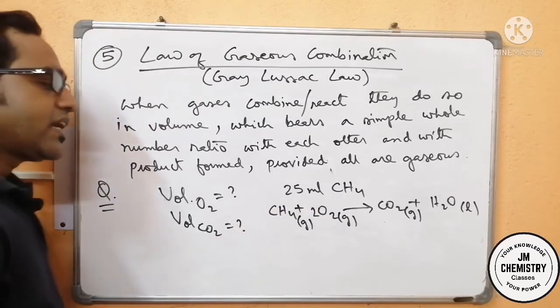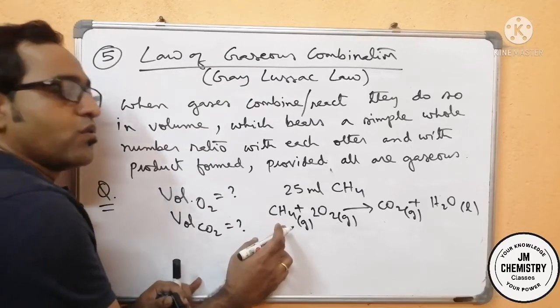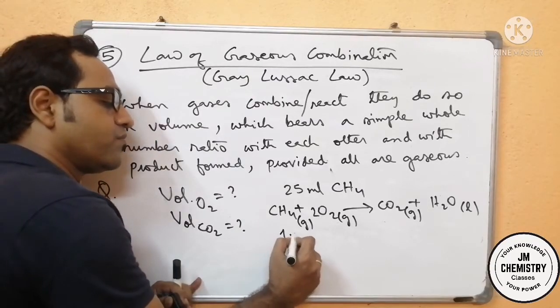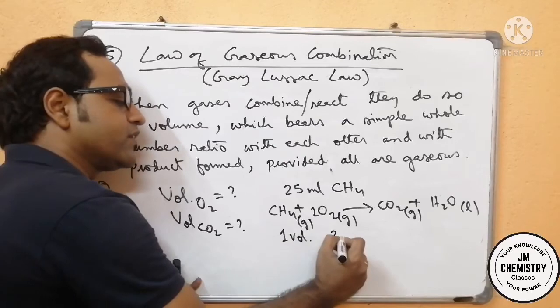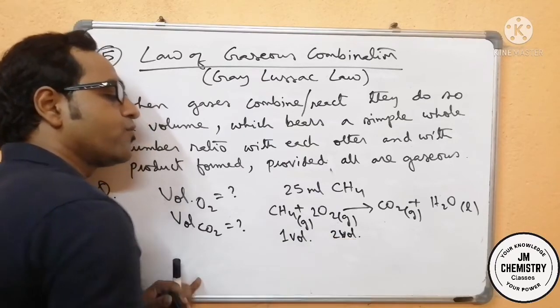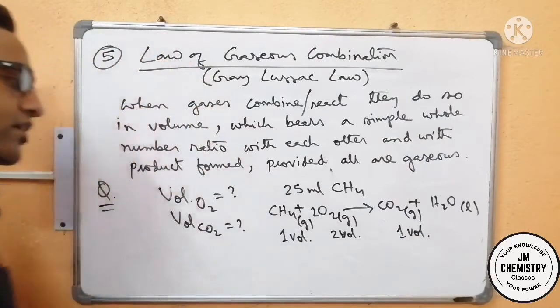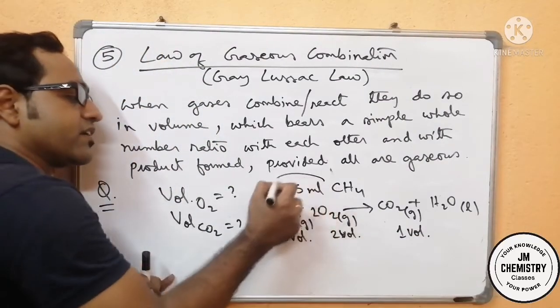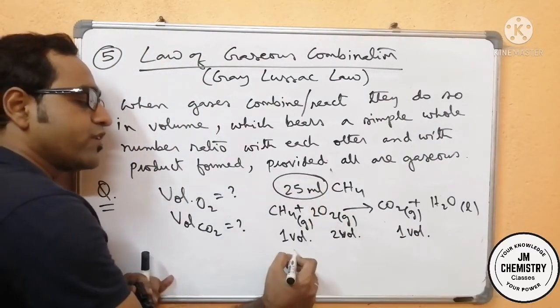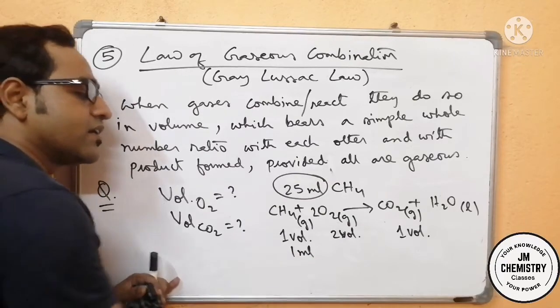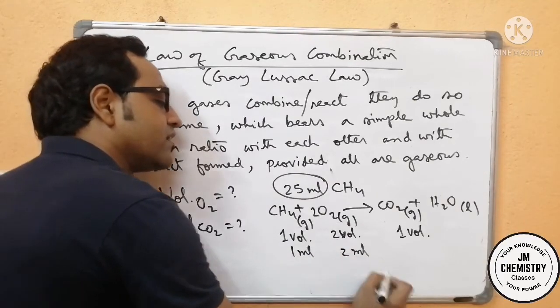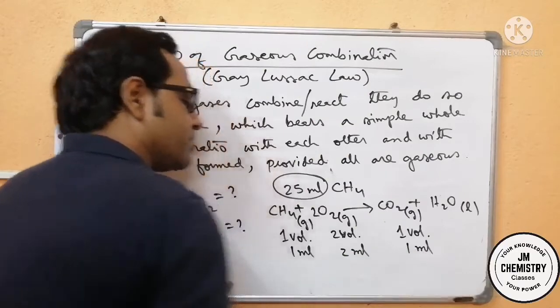Now this equation says 1 volume of methane combines with 2 volumes of oxygen to form 1 volume of carbon dioxide. So we are having 25 ml. So we can write 1 ml combines with 2 ml to form 1 ml.